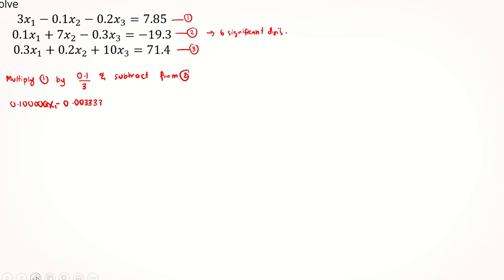Yeah. So we denote this as equation 4, and then we're going to subtract equation 4 from equation 2, and we will get this.